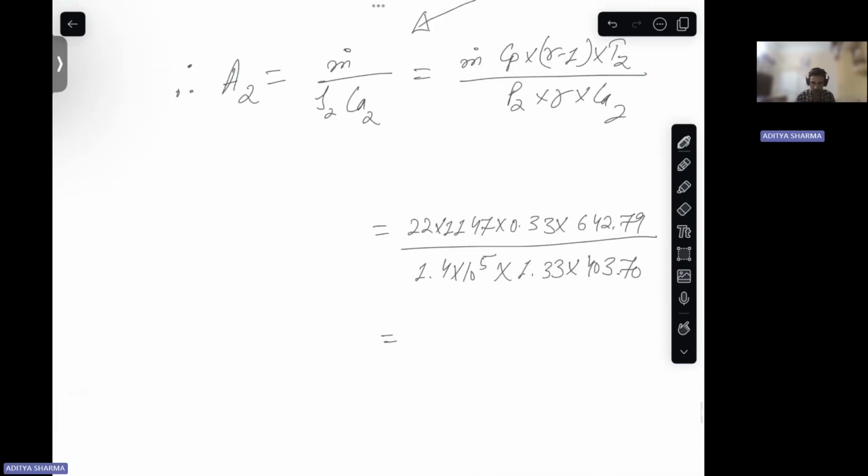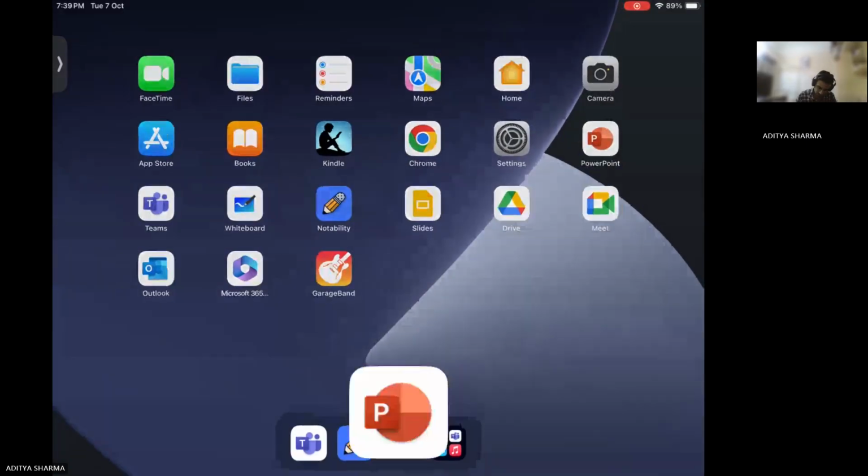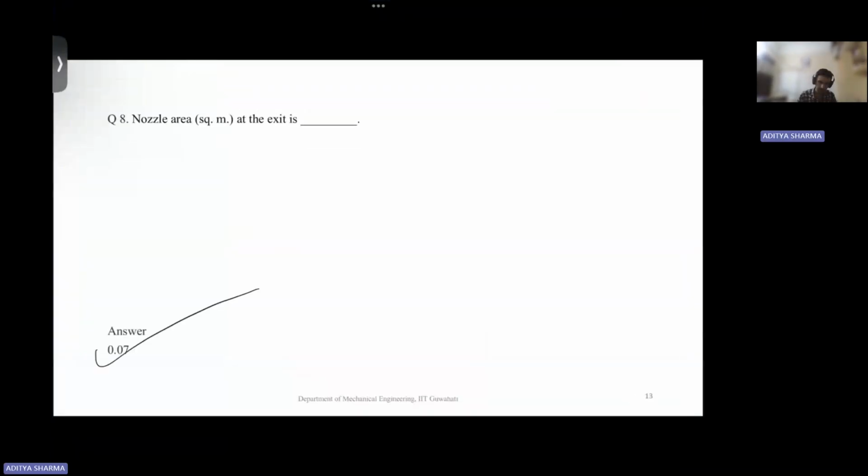If we calculate this, this will come out to 0.07 square meters. So this is question number 8, right? Then question number 9: the mean blade diameter of the rotor blade. We need to find out the mean blade diameter.